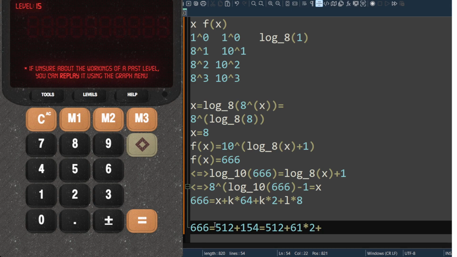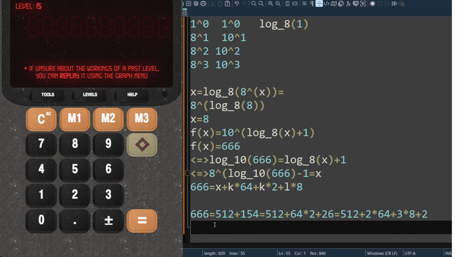We still have 26 left. So it equals 512 plus 2 times 64 plus 3 times 8 plus 2, which would be 1, 2, 3, 2. 1, 2, 3, 2.